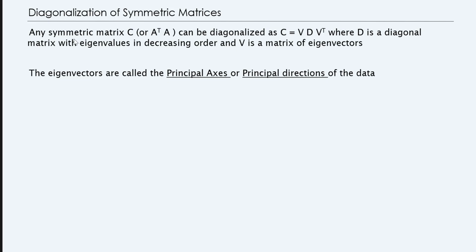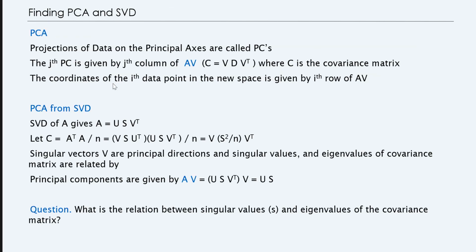So if you have any symmetric matrix, say C, then that can be diagonalized as V D V transpose, where D is the diagonal matrix with eigenvalues in decreasing order. V is the matrix of eigenvectors. These eigenvectors are called the principal axes or principal directions. So let's go through finding PCA and SVD.